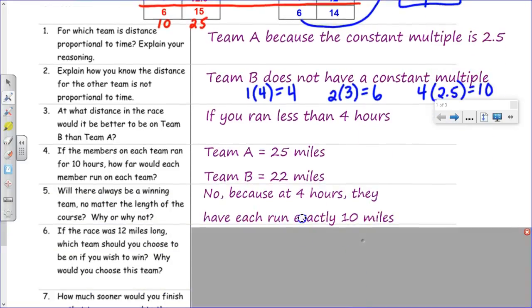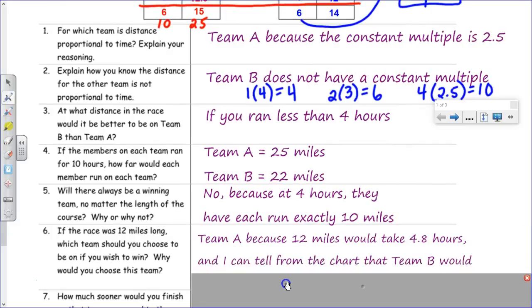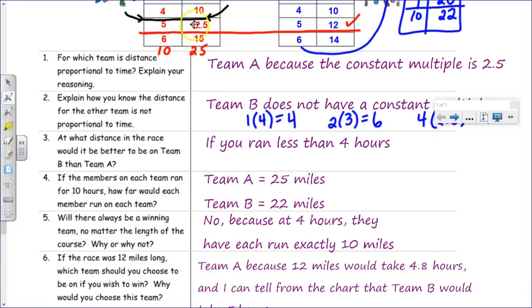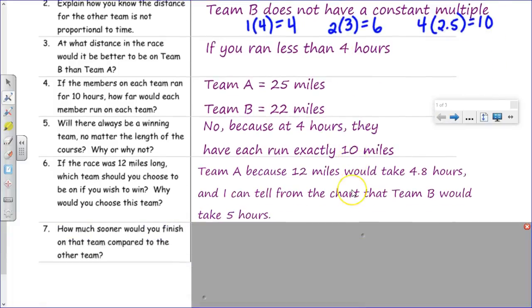And the way I can do that is I can take 12 miles and divide by 2.5, and that gets me 4.8 hours. So that's exactly how long it would take me to run the 12 miles. So go ahead and write that in, and then we're going to talk a little more about that. Okay, so the way that we got that was we did 12 divided by 2.5, because remember 2.5 was our constant.